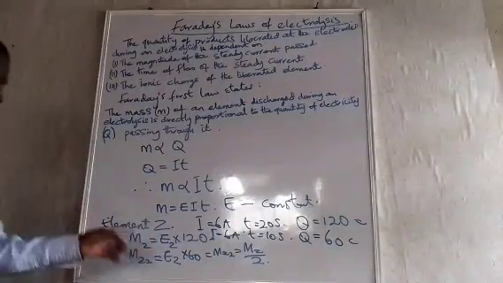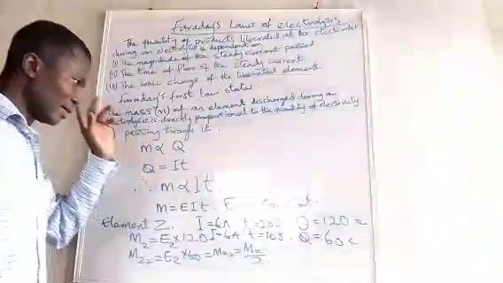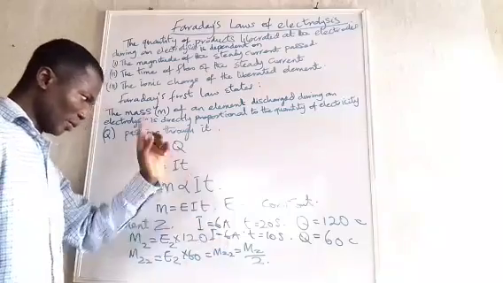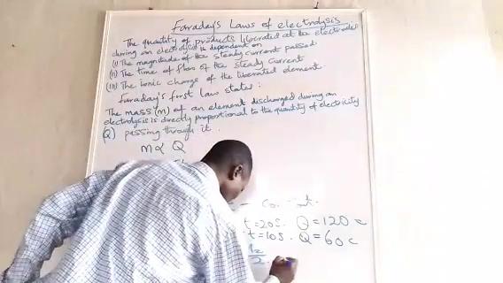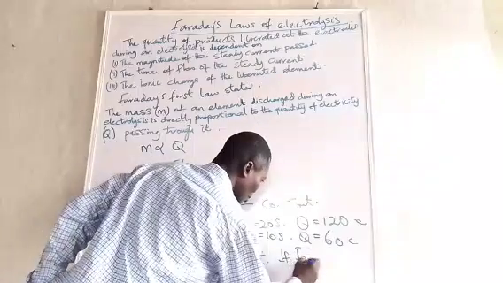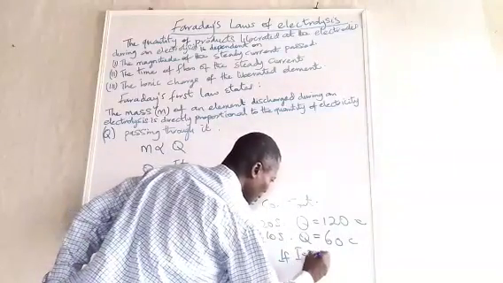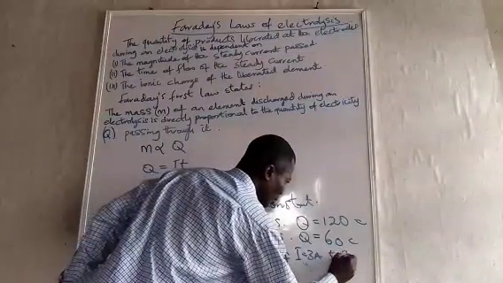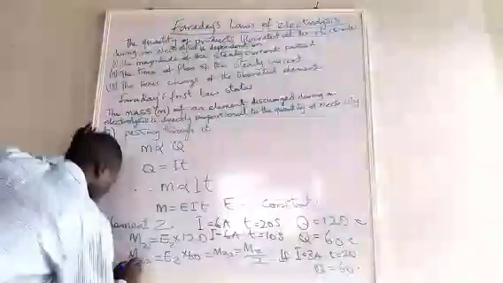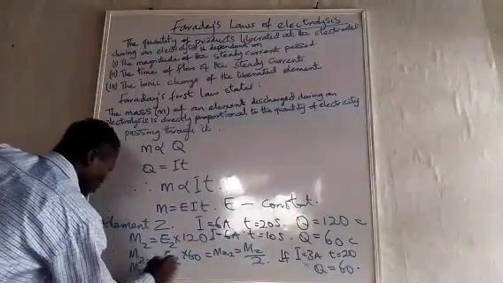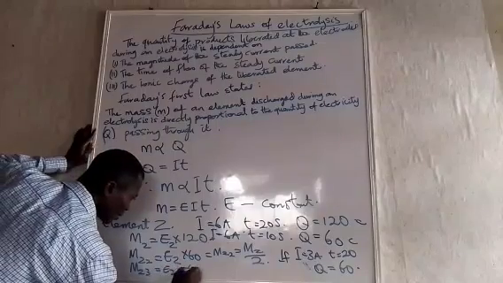Now let us change the current to 3 and let the time remain 20. So if I equals 3 amperes and T equals 20 seconds, Q is equal to 60 coulombs again. So M3 is equal to E_Z times 60.